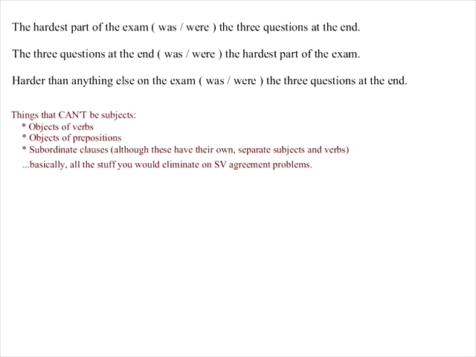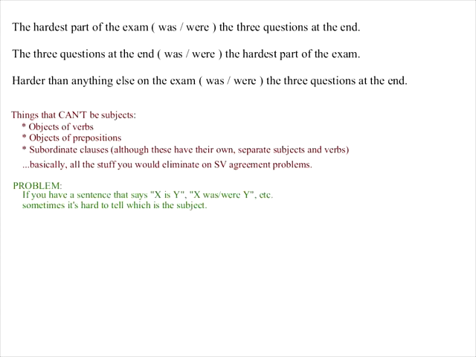So here's the rule. The problem comes about if you have a sentence that says something like X is Y, or X was Y, or were, etc. Then sometimes it's hard to tell which is the subject.